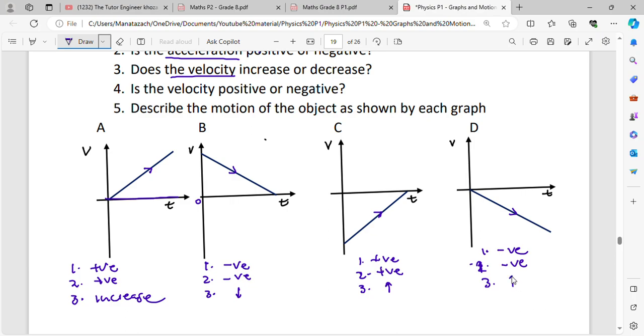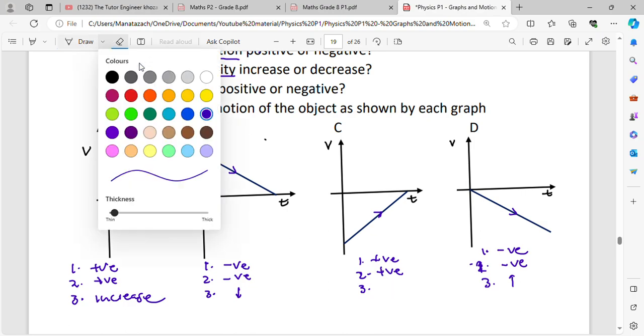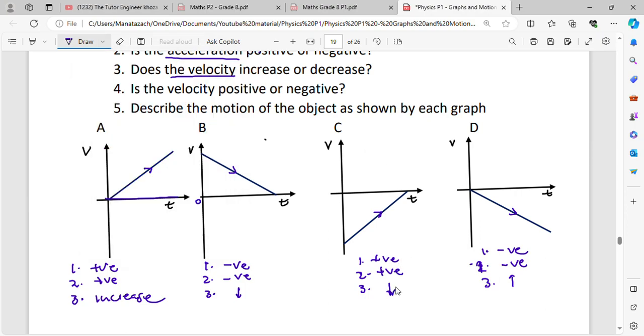I'm sorry, here it was decreasing. Let's just go back to it. So it's actually decreasing here because it's moving towards the time axis. You see the move towards the time axis. These are both cases of decreasing, and these are both cases of increasing, number A and number D.